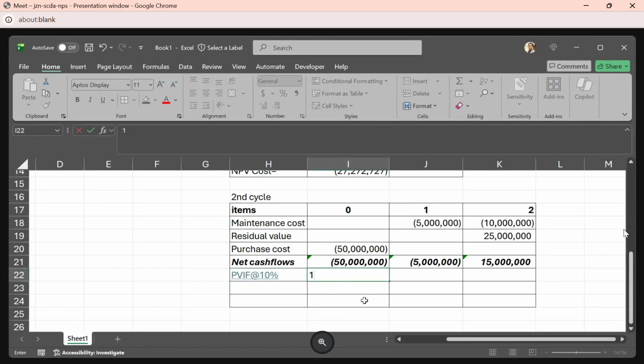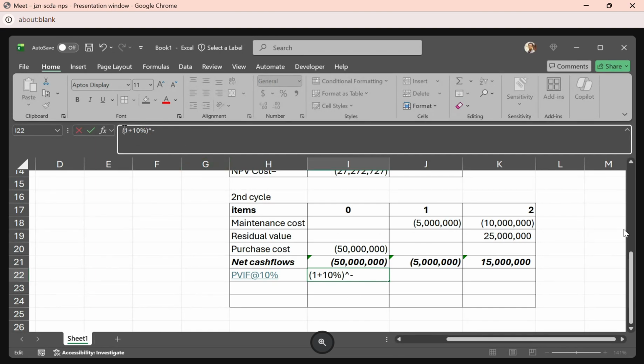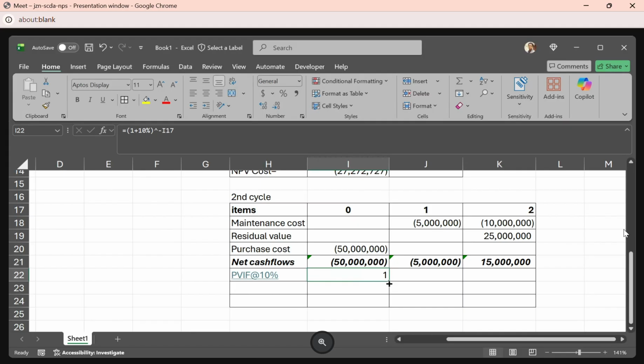So on year zero, it is 1 plus 10%, then power negative n. Let's use 3 decimals after the point.